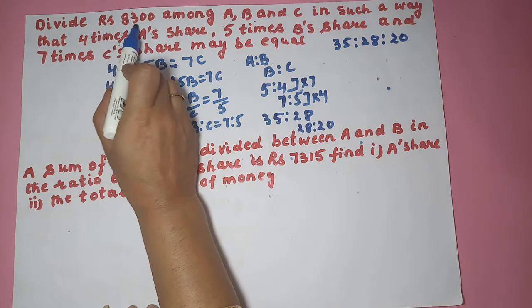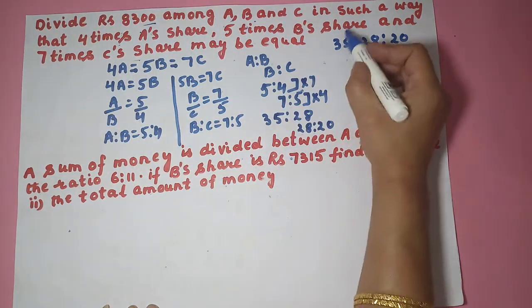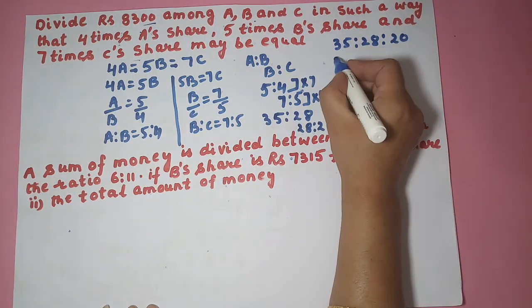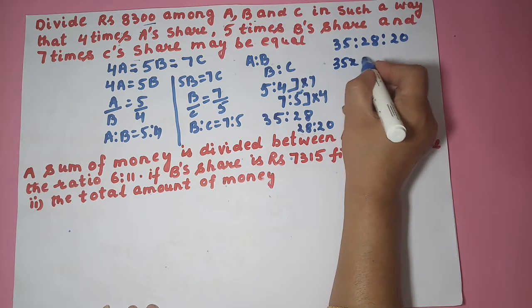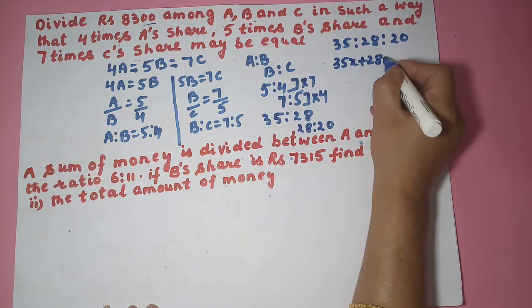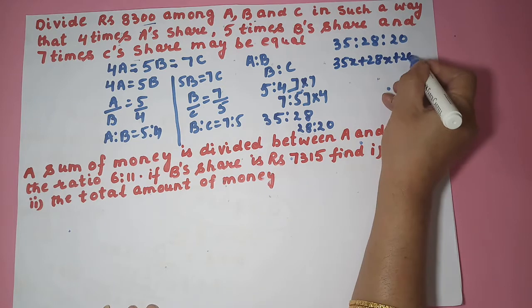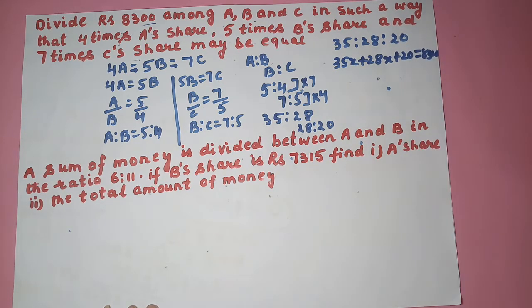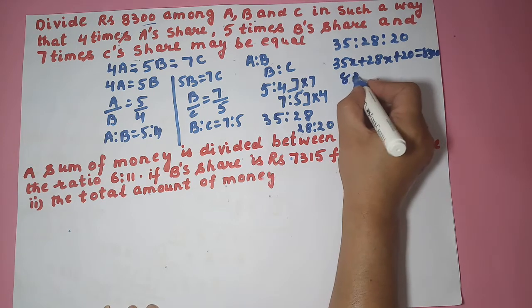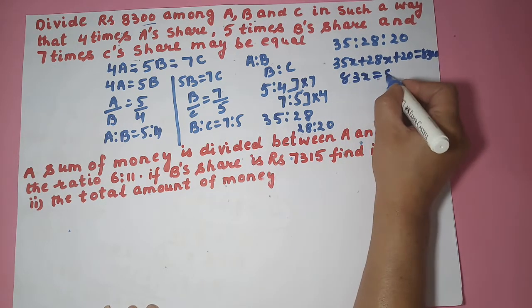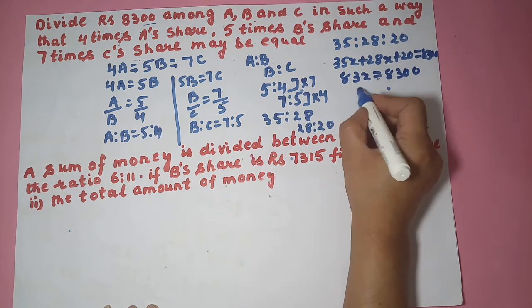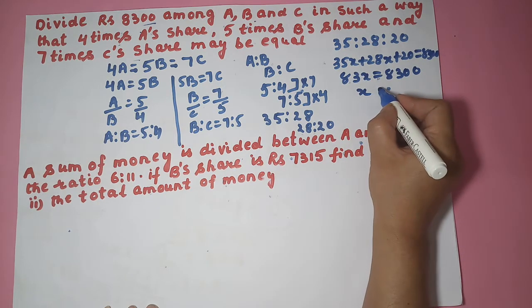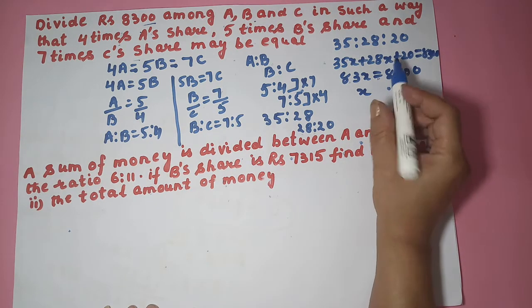So I have to divide 8300 between these three parts. So does that mean 35x plus 28x plus 20x is equal to 8300? So this is 83x equals to 8300. So how much is my x? My x is this 83?